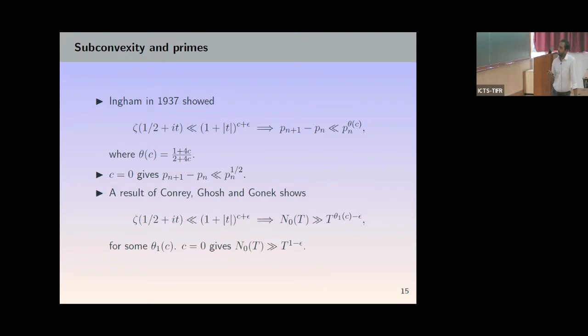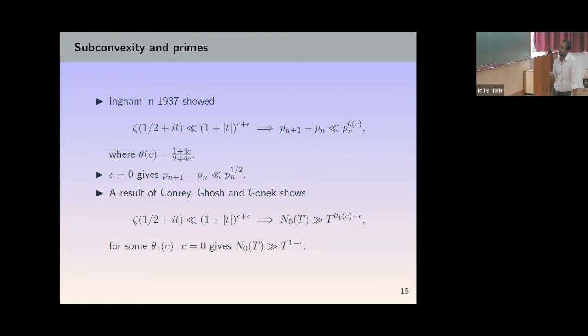There is another interesting application of subconvexity for the zeta function again. The subconvexity for the zeta function is related to the number of simple zeros. So this N_0(T) denotes the number of simple zeros of the zeta function in the rectangle with height T. Conrey, Ghosh, and Gonek show here that if you know this bound, then you can show that the number of simple zeros of the zeta function in this rectangle of height T is at least T to the power theta_1(c). Again, theta_1(c), we really wish to take it to be like 1.